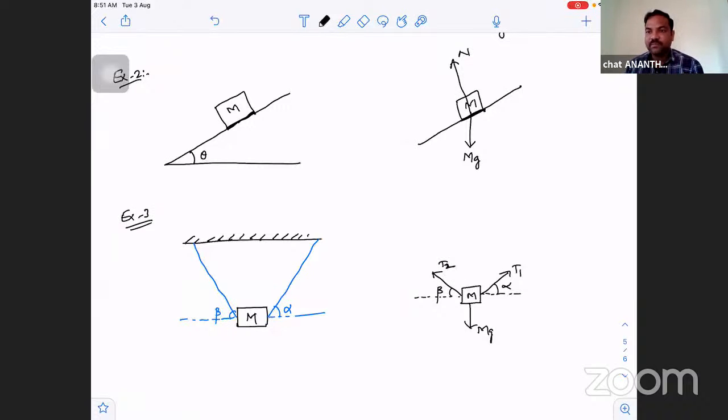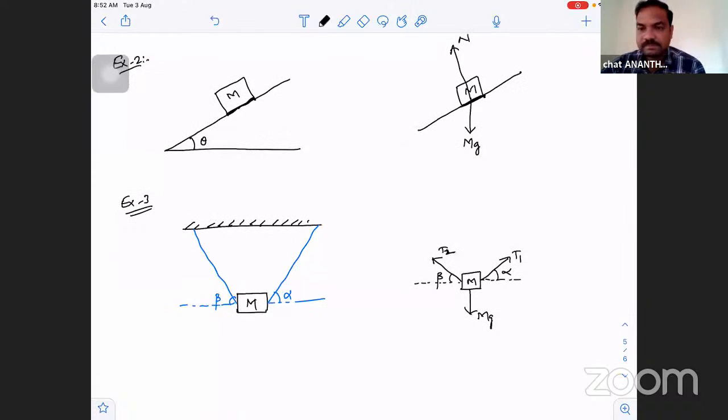So T1, T2, and the weight will be the three forces acting on the object.